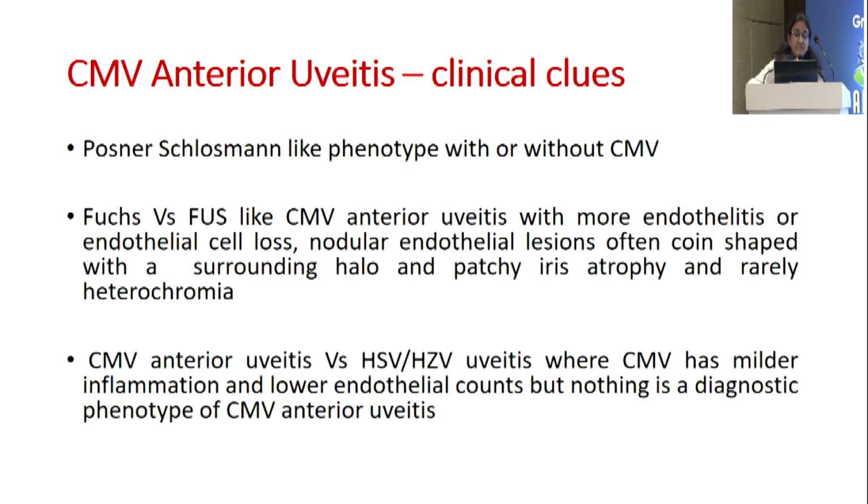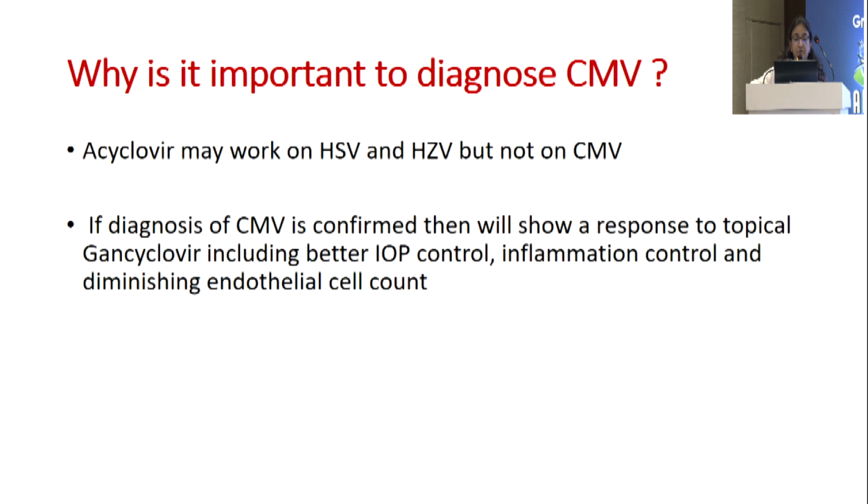We can have Fuchs versus Fuchs-like CMV anterior uveitis with more endothelitis or endothelial cell loss, nodular endothelial lesions, often coin-shaped, with a surrounding halo and patchy iris atrophy, and rarely heterochromia. CMV anterior uveitis versus HZV or HSV uveitis, where CMV has milder inflammation and low endothelial counts, but nothing is a diagnostic phenotype of CMV anterior uveitis.